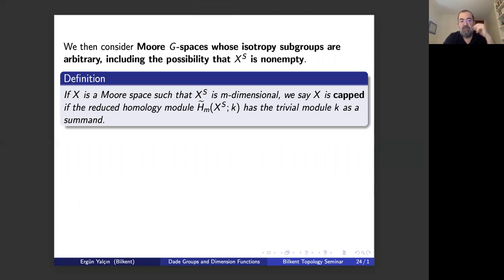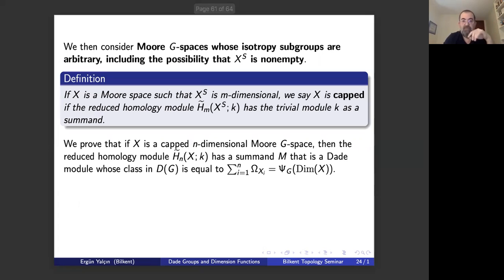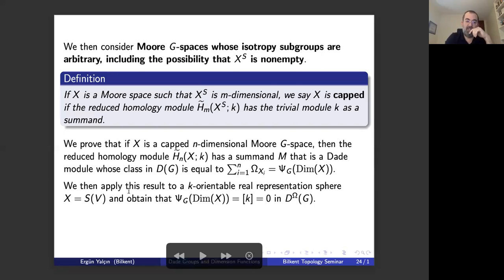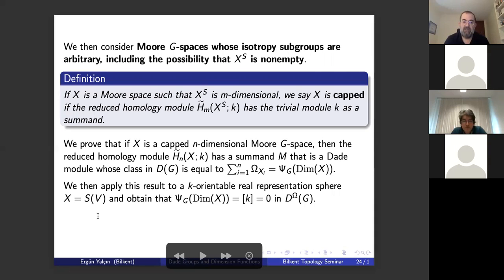You have to do a lot more work, a couple of extra things, but you can do it. It works. So you can prove the theorem also for G-spaces where S fixed points are not empty. And using that, now you can apply it to K-orientable real representation spheres.